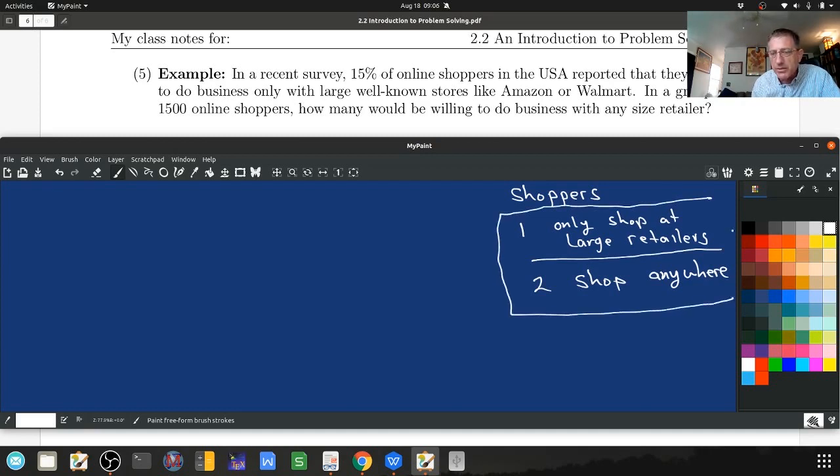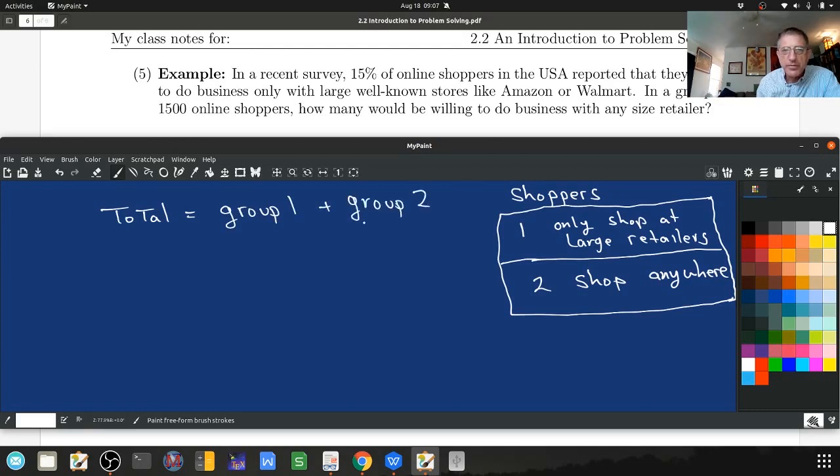So these two groups are mutually exclusive. Mutually exclusive means you're either in one group or the other, and both groups make up the total shoppers. So total shoppers is made up of those in group 1 plus those in group 2. In a group of 1,500 online shoppers, how many would be willing to do business with any size retailer?